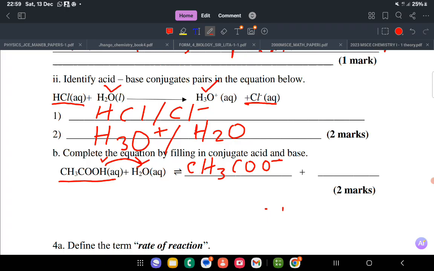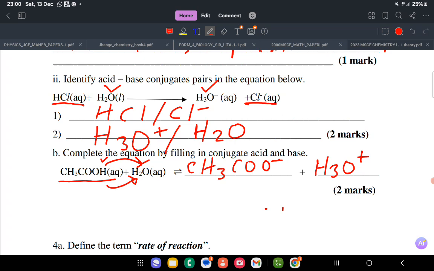Yeah, when a hydrogen has been knocked out of an acid, the minus ion is formed. Okay, so the other product will be the hydronium ion, which is H3O positive. All right, why positive? Because the hydrogen that has been donated by the acetic acid will add to the hydrogen atoms which are already present in water.